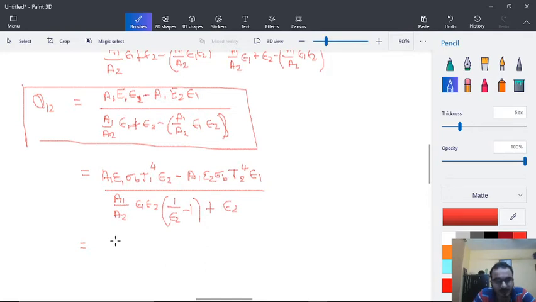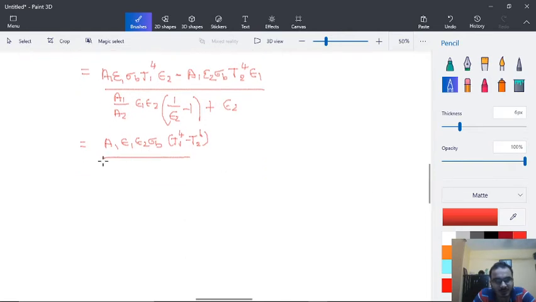So here few terms which will be again common in the numerator, that is here A1 is common, epsilon 1 epsilon 2 sigma b. So here T1 raised to 4 minus T2 raised to 4 divided by the whole denominator, that is A1 upon A2 epsilon 1 epsilon 2 1 divided by epsilon 2 minus 1 plus epsilon 2.